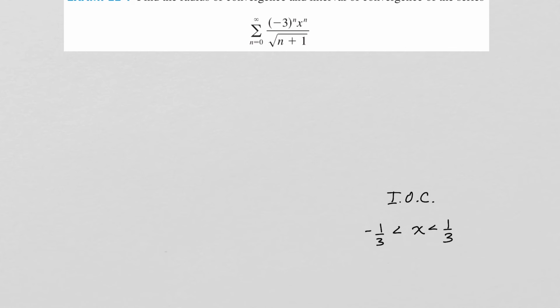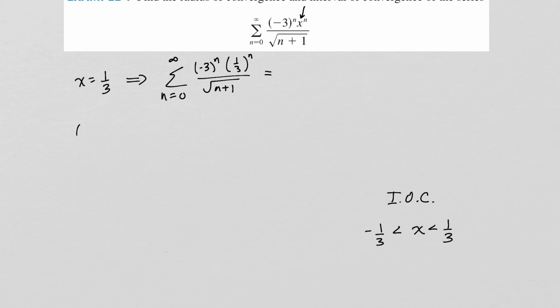So if x is equal to +1/3, we're going to plug that in for x in our original series. So we will have the sum n equals 0 to infinity, -3 to the n power, times 1/3 to the n power, divided by the square root of n plus 1. Now, how do we multiply -3 to the n times 1/3 to the n?